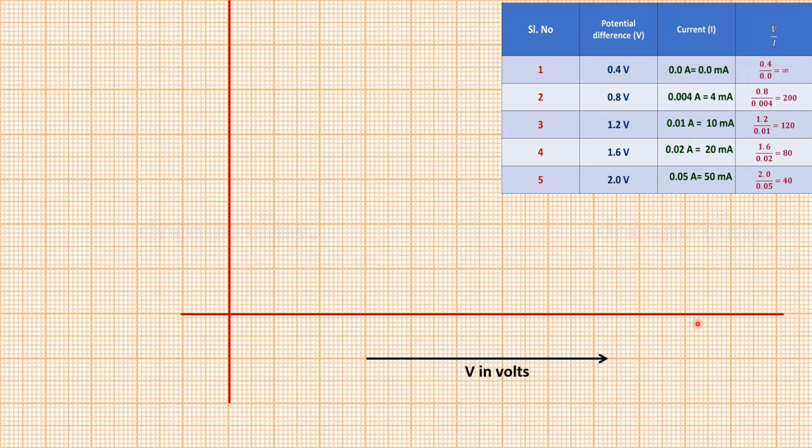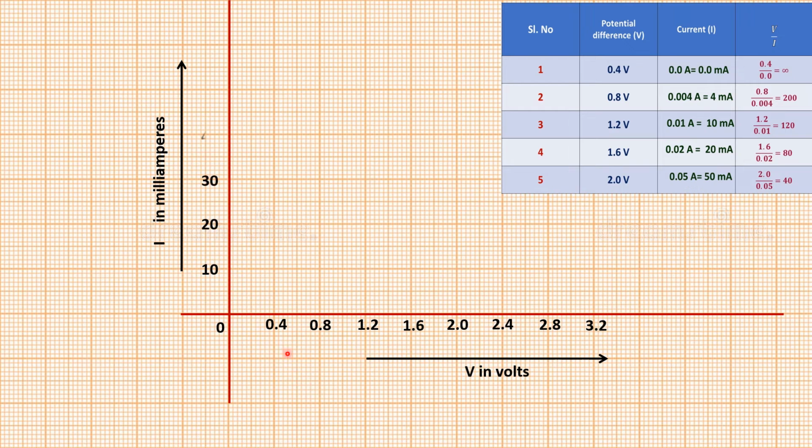On the x-axis I am taking voltage in volts, and on the y-axis I am taking I, that is current in milliamperes. So 0, 0.4 from here to here, 0.8, 1.2, 1.6, 2.0, 2.4. Next 10 milliamperes, 20, 30, 40, 50 and 60.